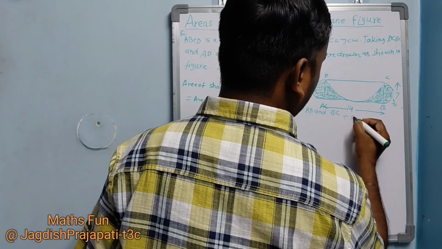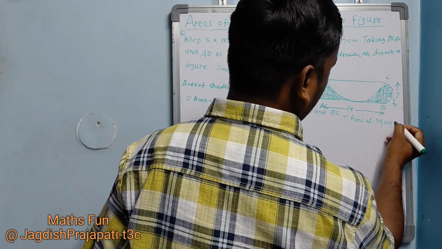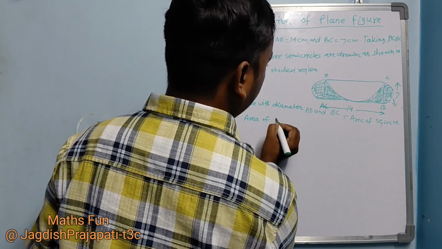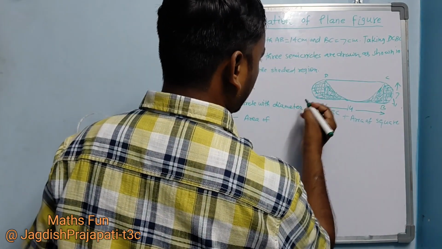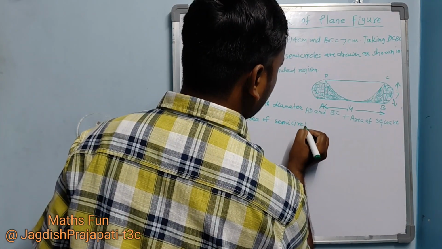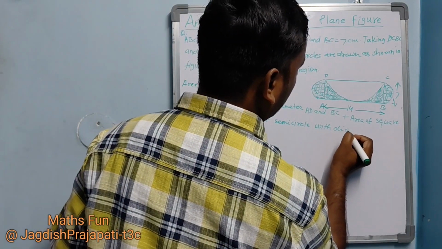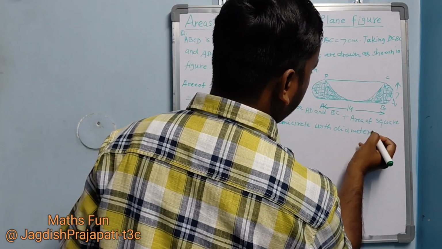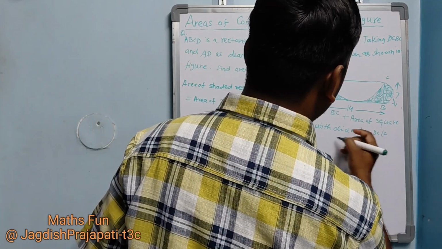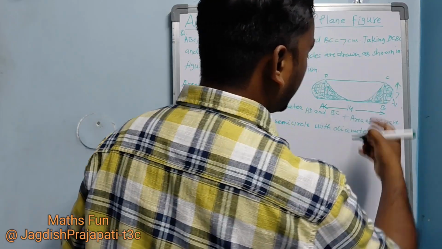Plus area of the rectangle and minus area of the semicircle with diameter DC, and this is equal to AB, since this is a rectangle.